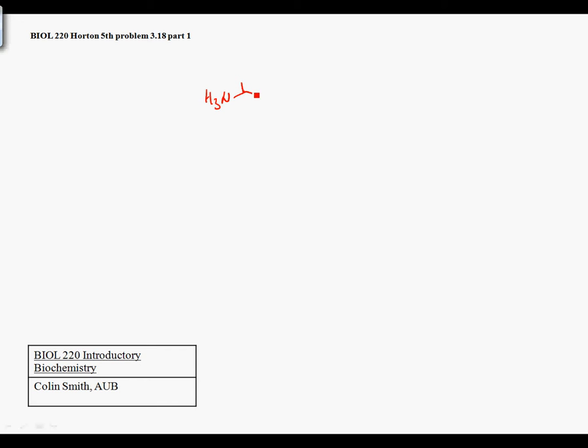draw alanine, I would draw it in this zwitterionic form as such, in which the amino group is positively charged and the carboxyl group is negatively charged.